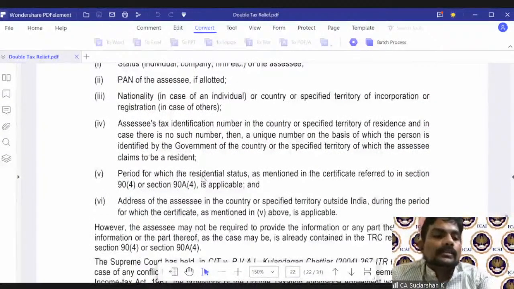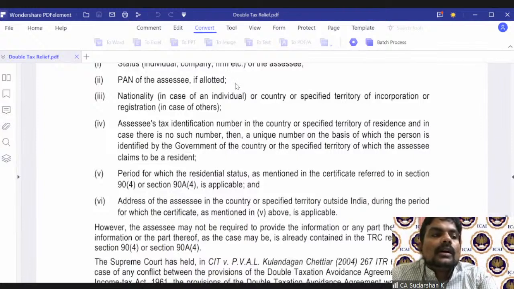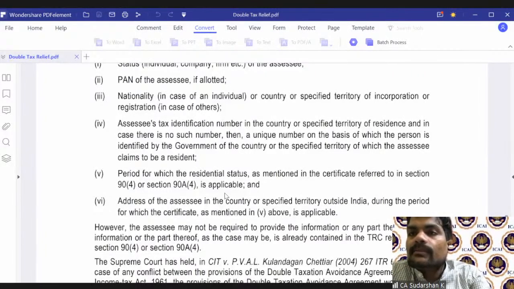So essentially, what the government has done is to ensure that people don't misuse treaties. Now, why and how can they misuse a treaty? As I mentioned to you, all these tax treaties are bilaterally negotiated. Just like your agreements, when you negotiate, there will always be give and take.